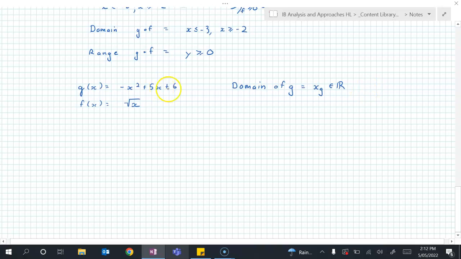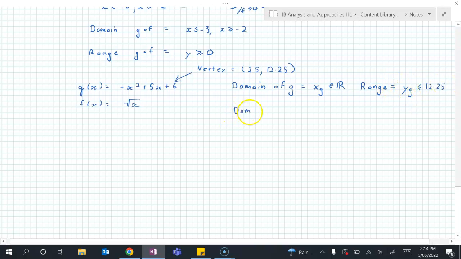Now the vertex of this one, and again you could verify this to yourself, I think it's 12.25, but I'll double check that. Now that's correct. So now this is a downward facing quadratic, so it'll be all the values less than 12.25. So y of g is less than or equal to 12.25.